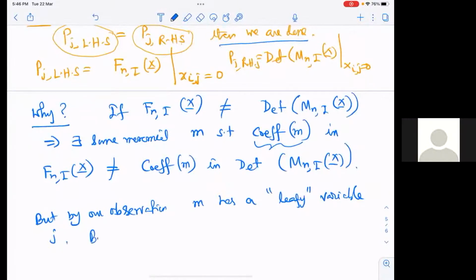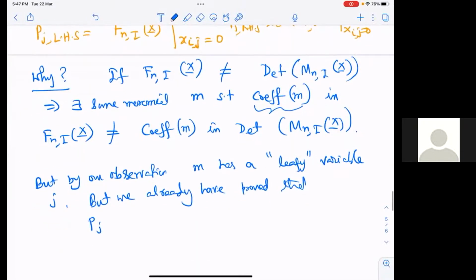But we have already shown, proof that pj LHS is equal to pj RHS. So who asked that? Why is it to explain? I did not look at who asked.